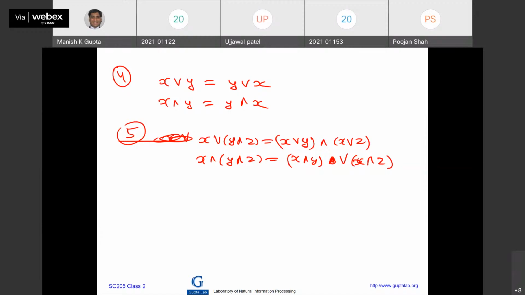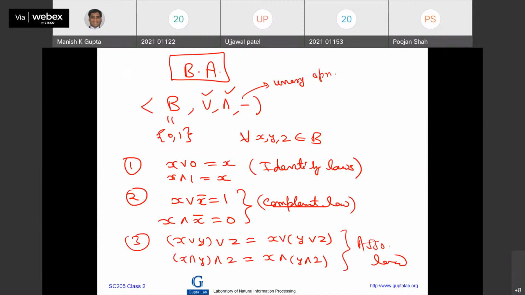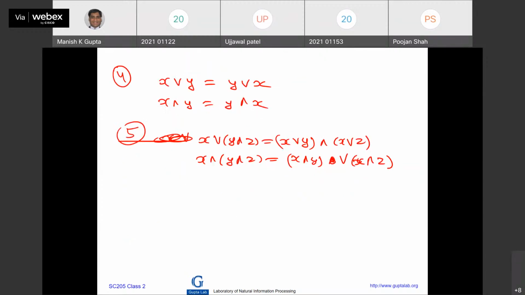So using these 5 properties, a Boolean set B with these 5 properties: identity law, complement law, associative law, commutative law, and distributive law, you can prove the following things.